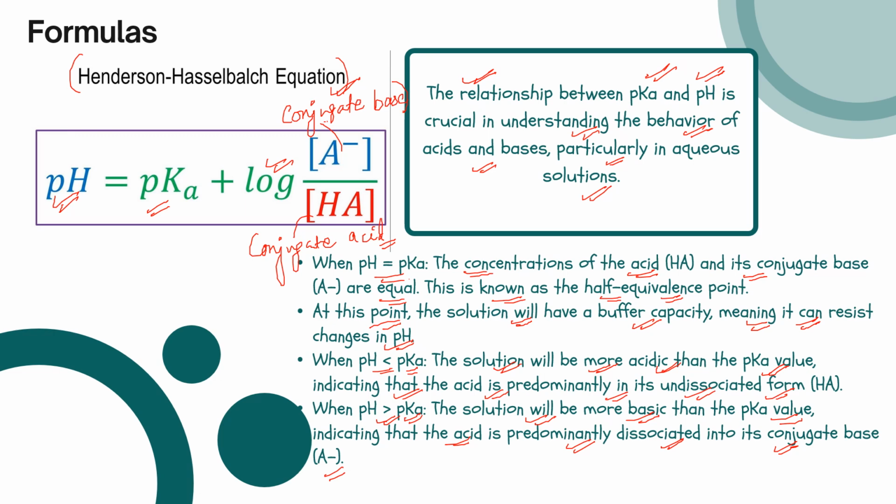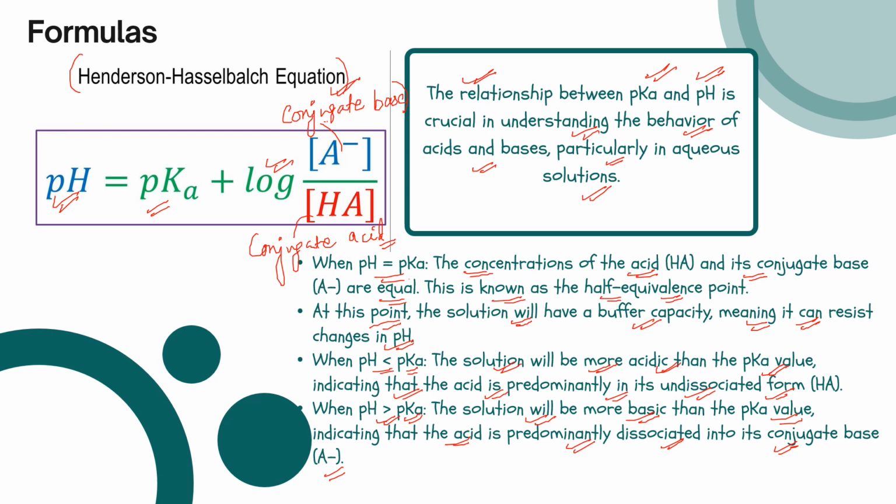Okay, so this is the concept that you should know. Whether the solution will be more acidic or more basic, it all depends on the pKa value of our acid and base. So this formula you should know before you attempt something else.